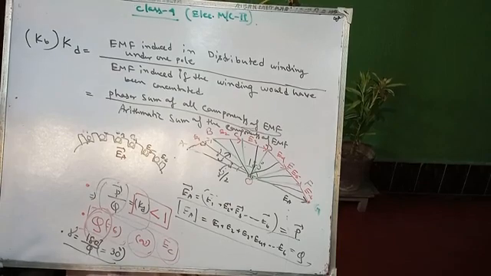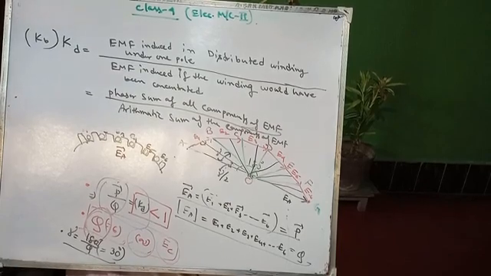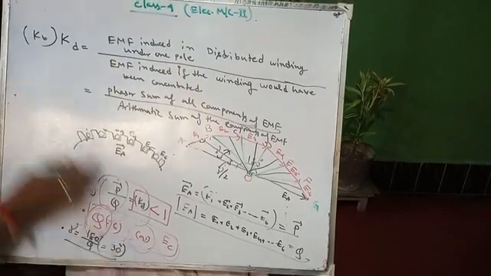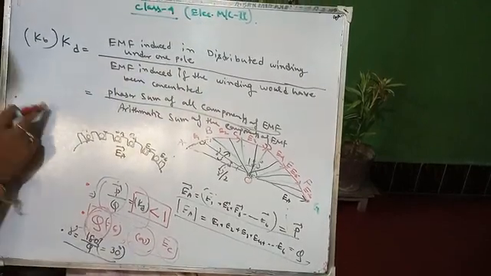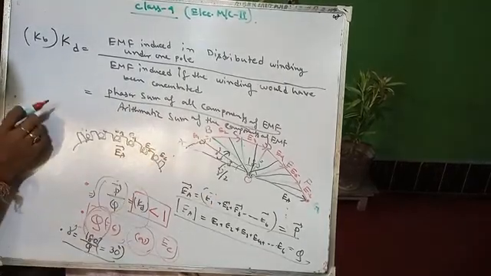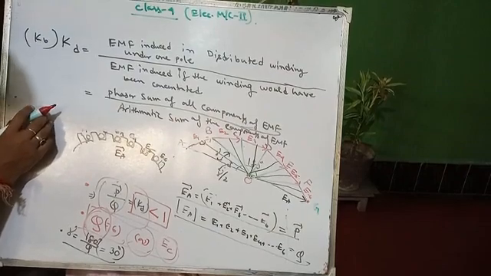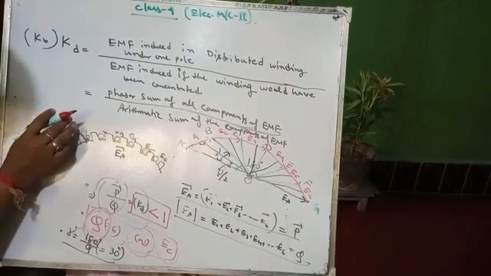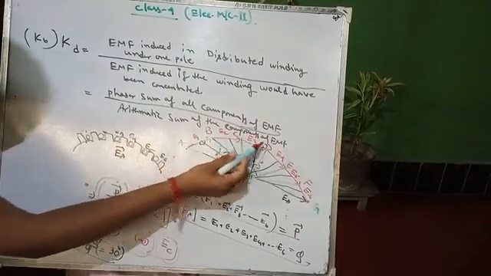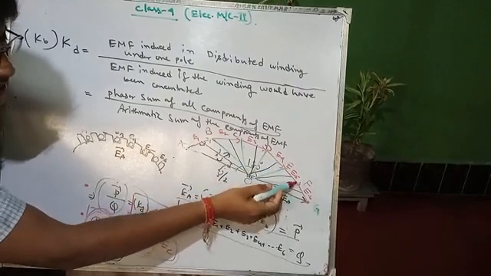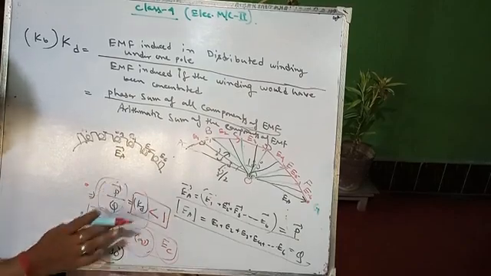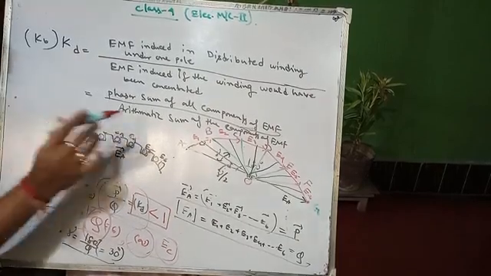Now write the statement. The EMF induced in different coils of one phase under one pole are represented by the sides AB, BC, CD, DE, EF and FG respectively, which are equal in magnitude.